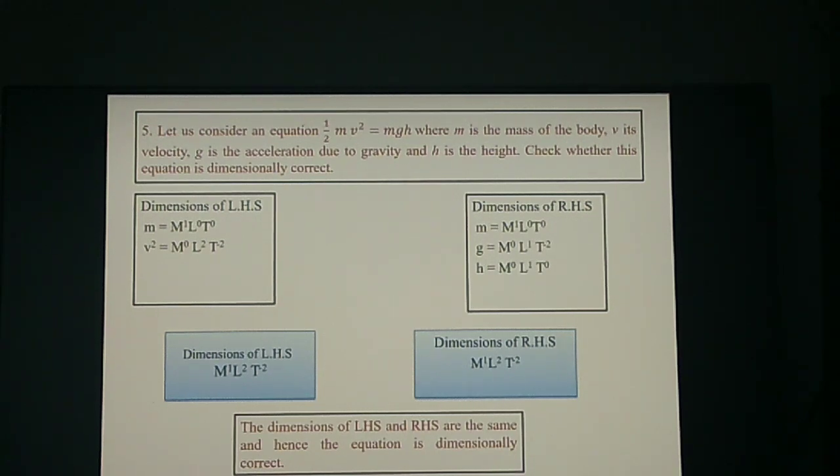So I had told in the last lecture, and again in this lecture I am telling you, that the equation can be incorrect even if it is dimensionally correct, but it can never be correct if it is dimensionally incorrect. Clear? Let us go for the last problem, which is the sixth problem for us.